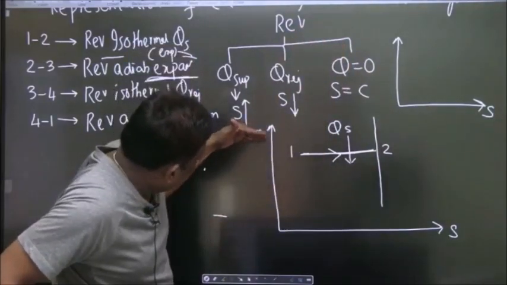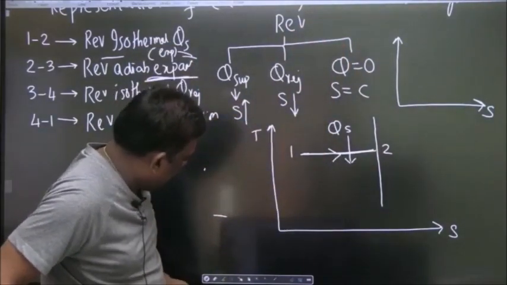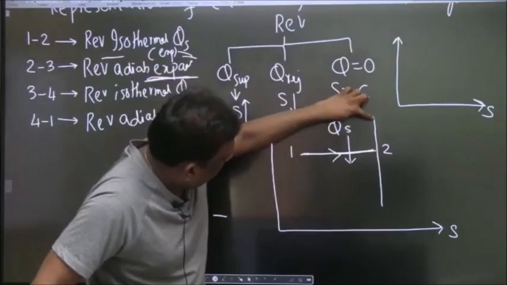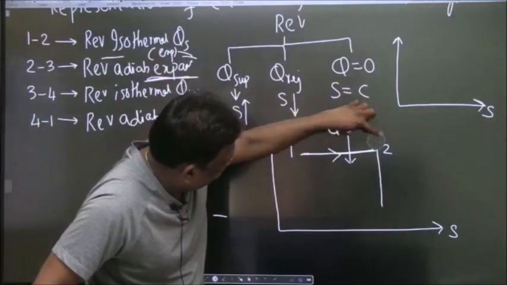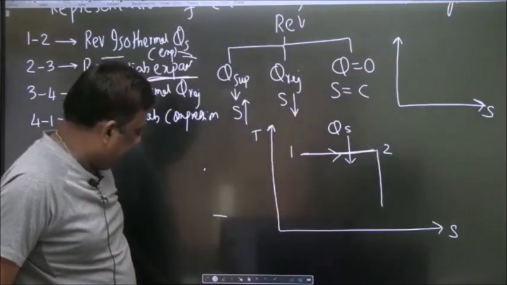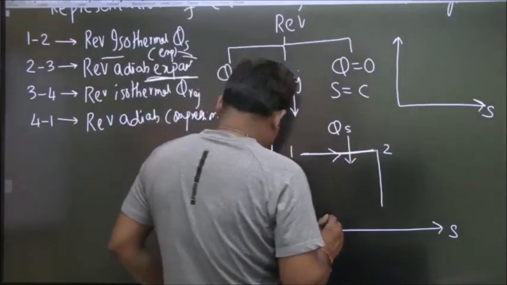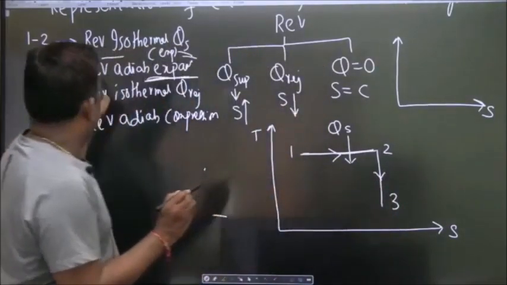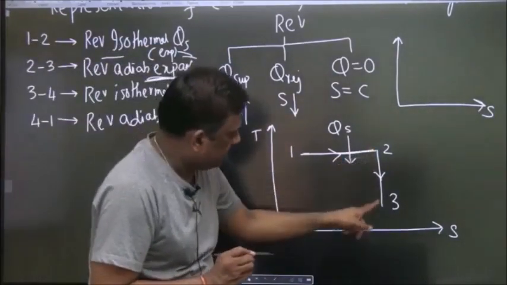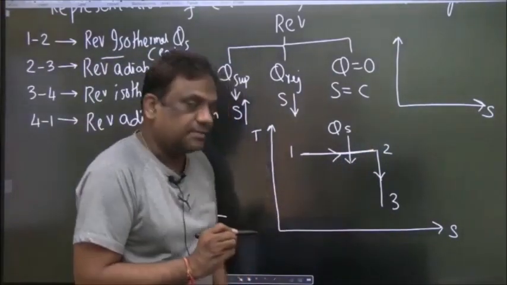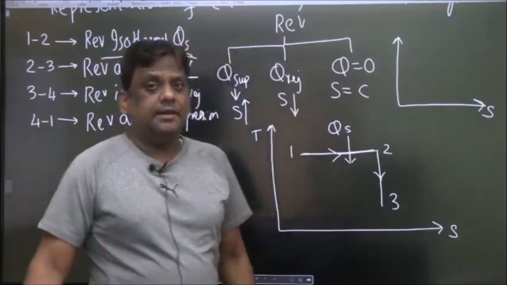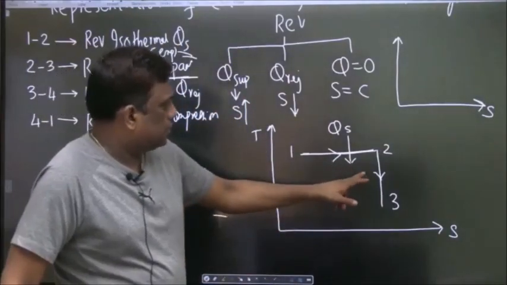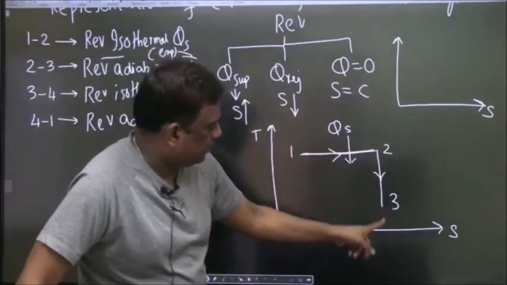So it should come down; it cannot move up. I repeat, this is 2 to 3, reversible adiabatic expansion. Reversible adiabatic is isentropic, the entropy remains constant. It is expansion, so temperature falls.